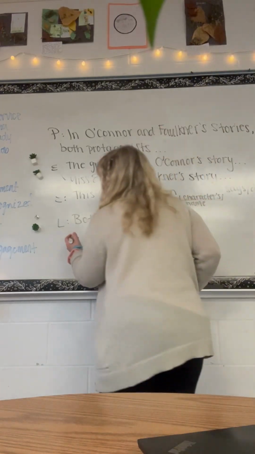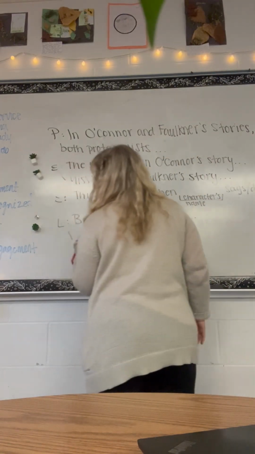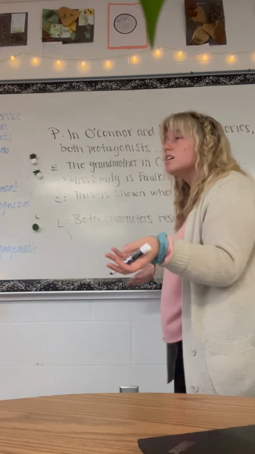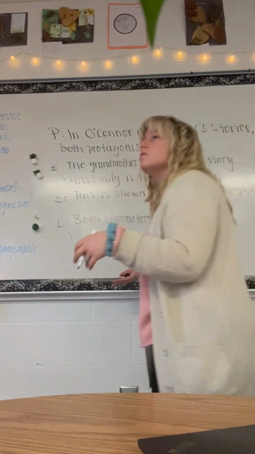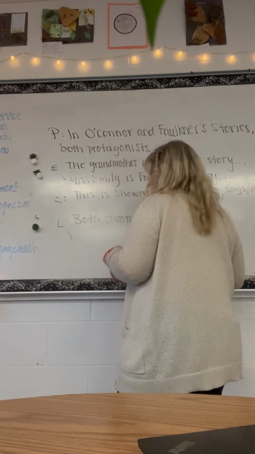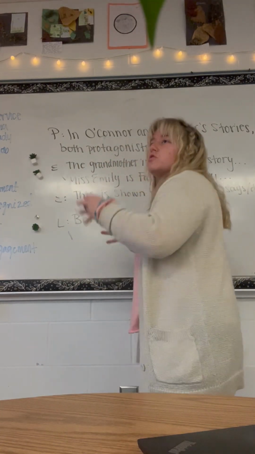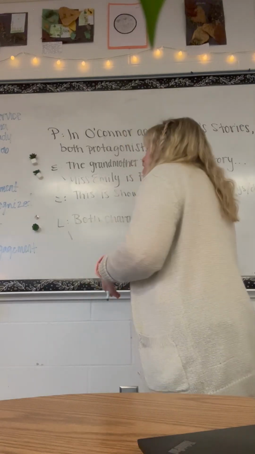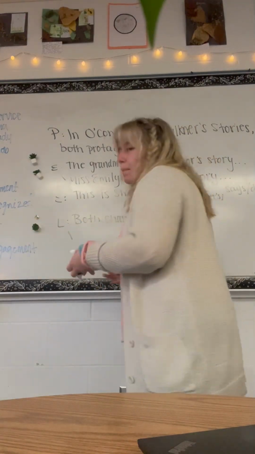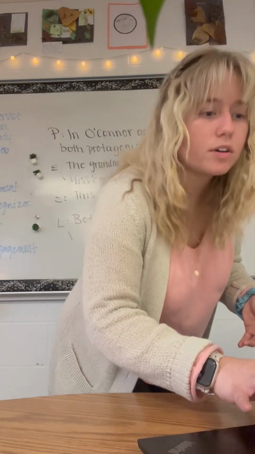They isolate themselves, right? And so then here's your second part of your L. This is a pretty good sized peel, really, when you think about it, because we have a lot to talk about. And this has been kind of broken up over multiple days. Both characters resist the change and responsibility of the changing times. They don't care about anybody else's feelings. And then the last part that I want you to talk about is symbolism, right?